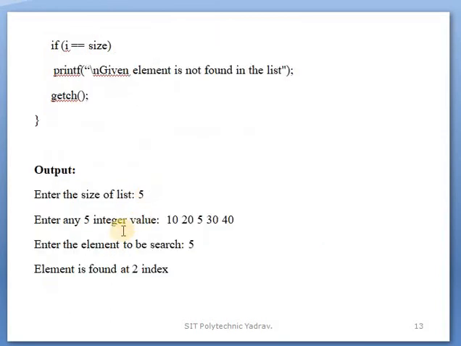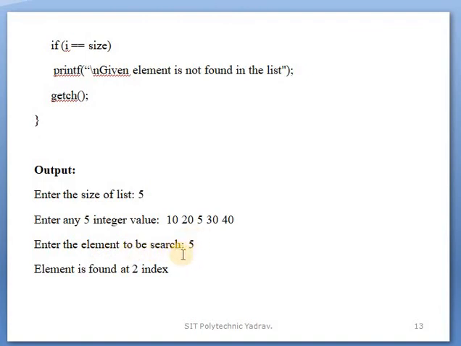In the output, we first enter the size of the list. For example, the array size is 5, so we give 5 integer values: 1 2 3 4 5. Then enter the element to be searched.